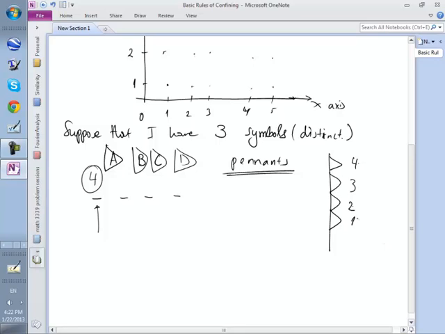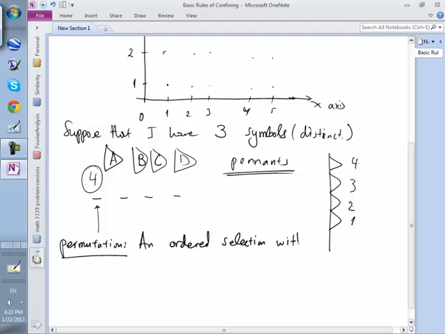It's a permutation. What I created is a permutation, and a permutation is an ordered selection. So the order counts. The flags are important: which is on the top, which is one below the top, and so forth. That's what we mean by an ordered selection.